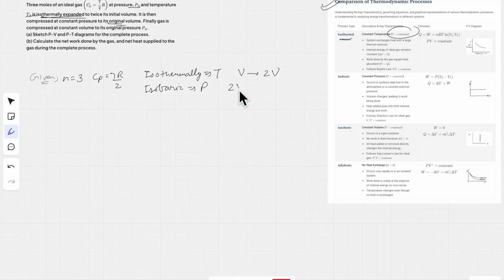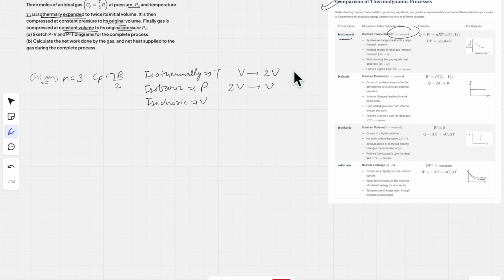So again 2V goes to V. Then finally the gas is compressed at constant volume to its original pressure Pa. So the last step is constant volume, which is isochoric. So in this step we have gone to our original pressure Pa.